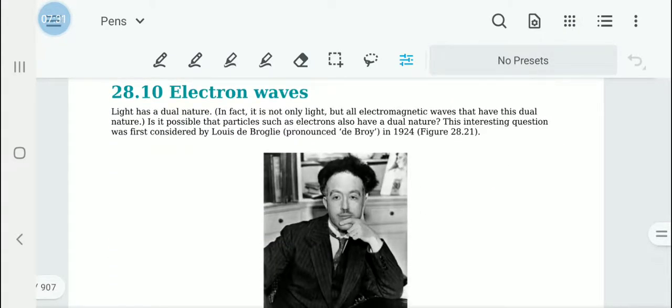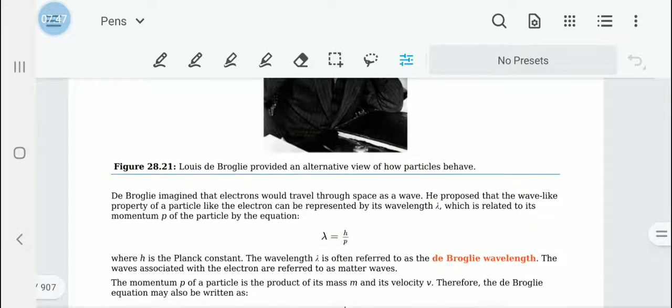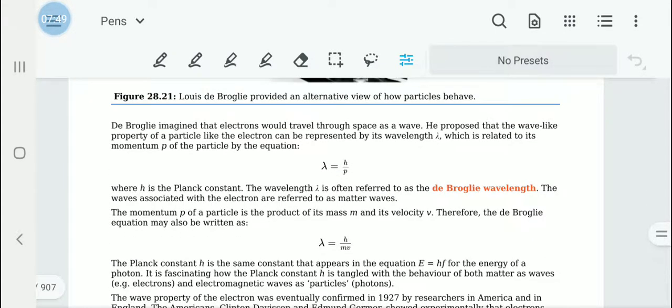Now electron waves. This is an interesting idea. At the beginning of the last century, Louis de Broglie developed a principle where he imagined electrons traveling through space as waves. He suggested that a particle like an electron can also have wave-like properties.